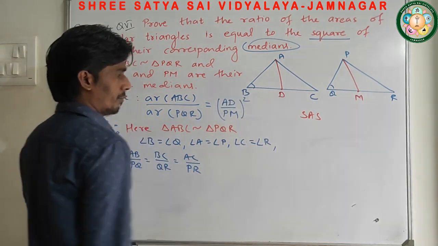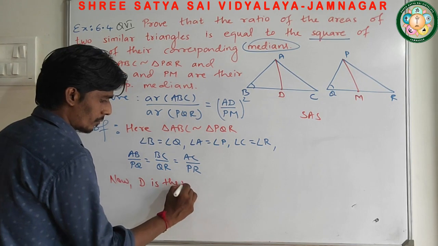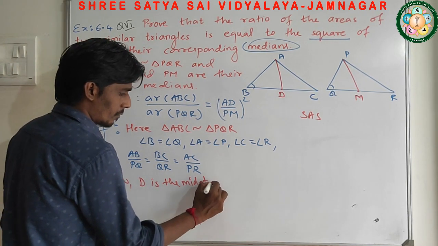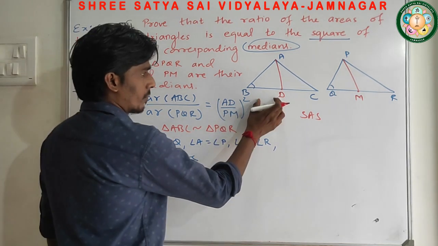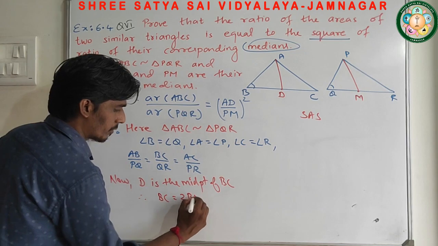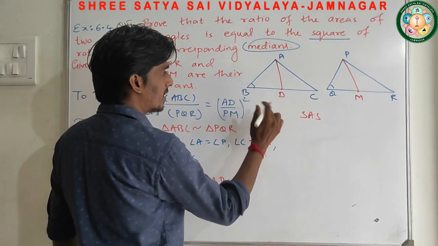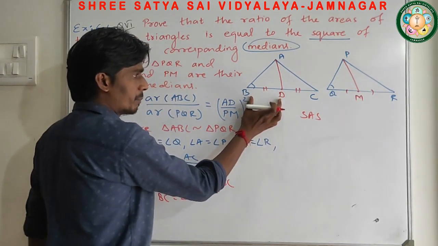D is the midpoint of BC. Therefore, we can write BC is equals to 2 times BD. ये जो पूरा BC है, because D is the midpoint, then 2 times BD.